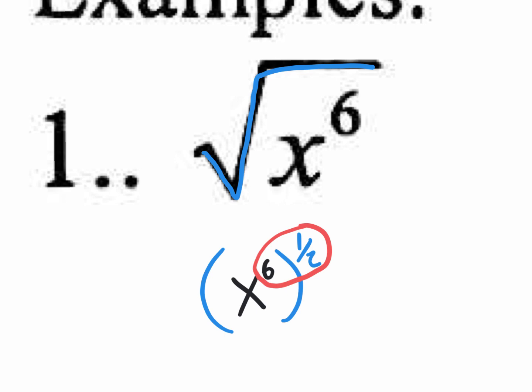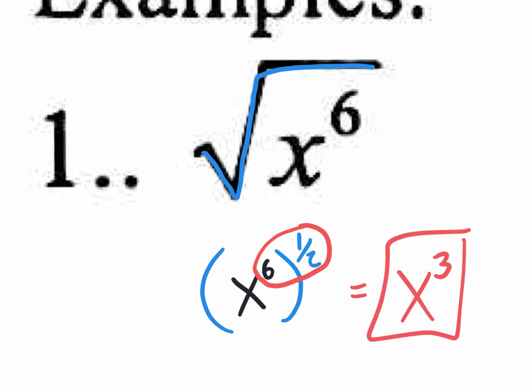So multiplying 6 times half, that's like saying 6 divided by 2, which is what? 3. So the answer is x to the 3rd. That's your answer, right? I showed my work here, but we're going to do this a couple of times, and you're going to get so comfortable with it that you're going to be able to get this answer without showing your work. But for right now, let's show our work. It'll help us understand it better.